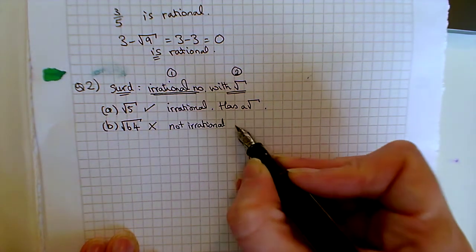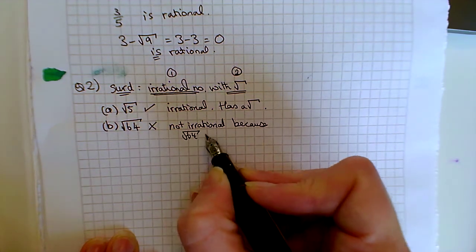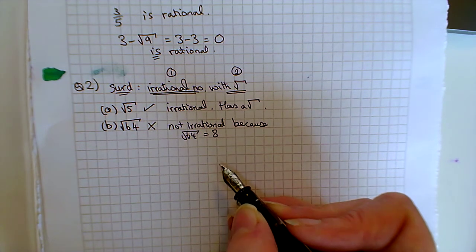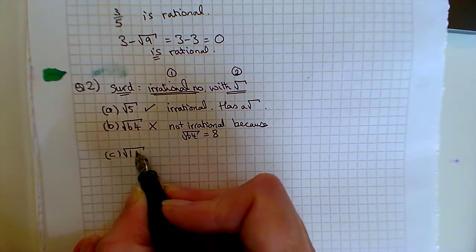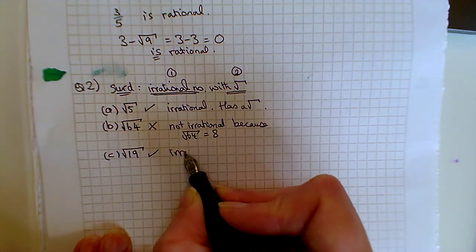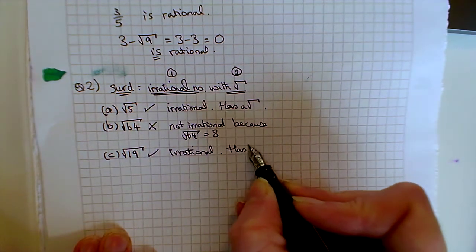It's rational because the square root of 64 is 8, and that's a whole number, so it's rational. Part C, the square root of 19 is a surd because it's irrational and it has a square root sign.